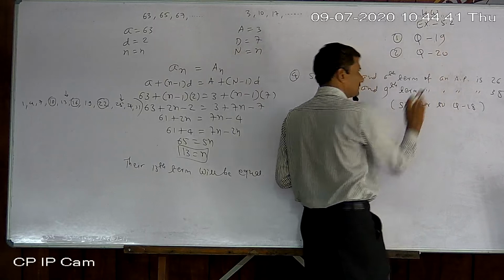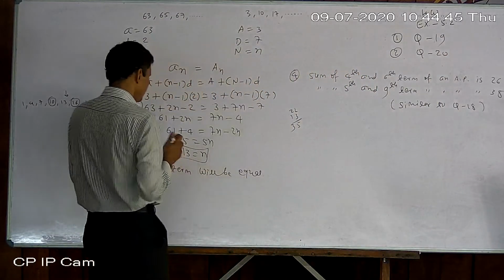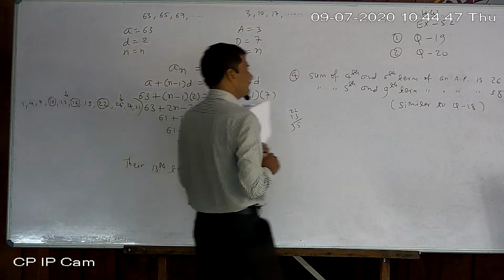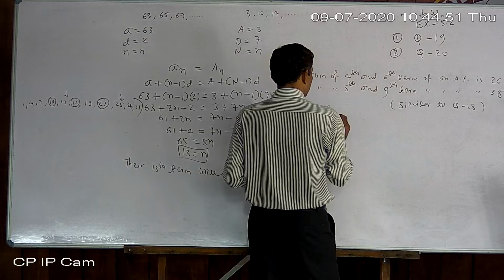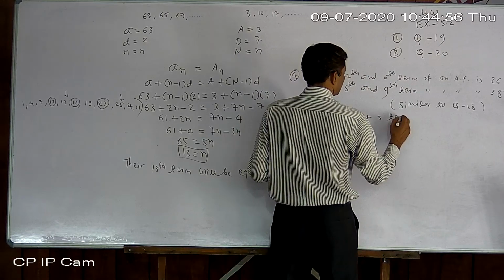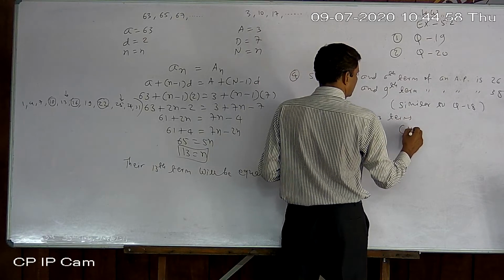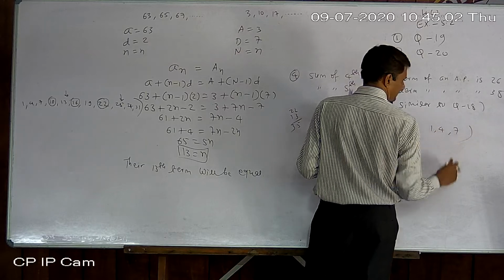This is just like a textbook sum I formed here. The answer right now I cannot say, but you just solve it. And after that, what is to find? Find the first three terms. The answer will be 1, 4, 7.